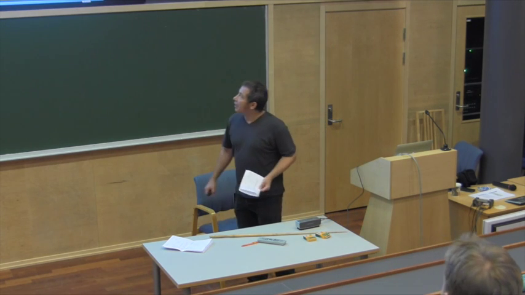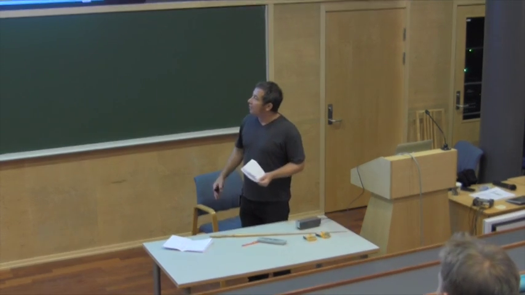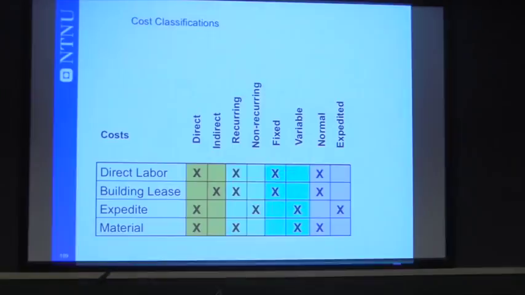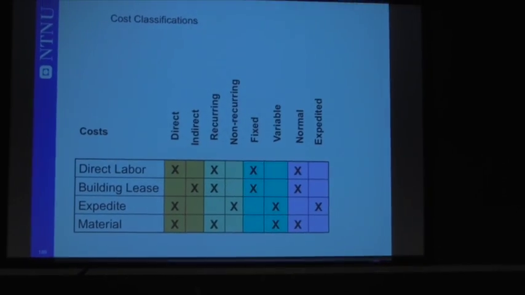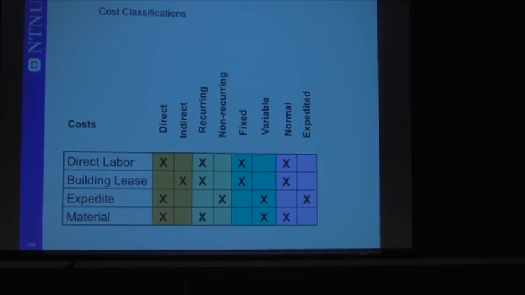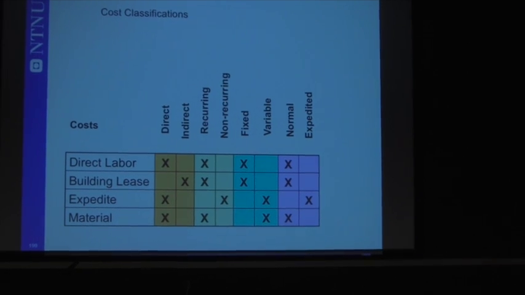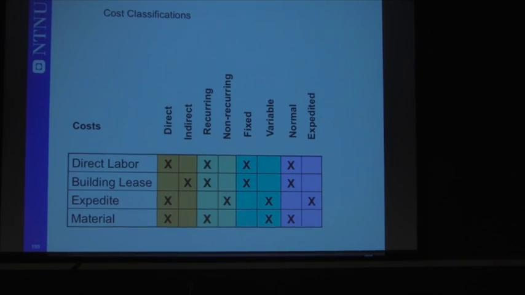So these are the cost classifications and some examples of direct, indirect, recurring, and non-recurring costs. It just helps you to have a better understanding of the common sources of costs and common sub-categories.